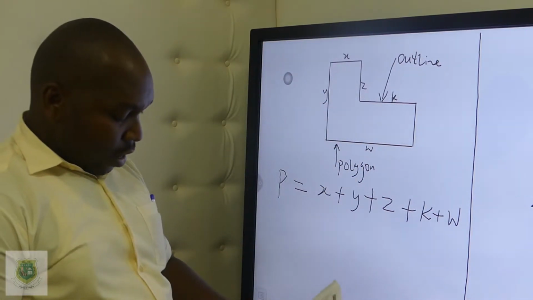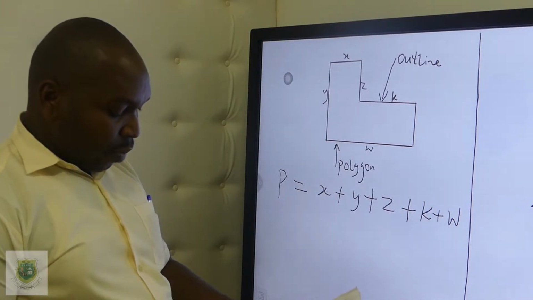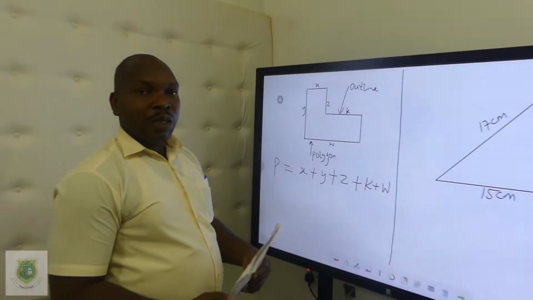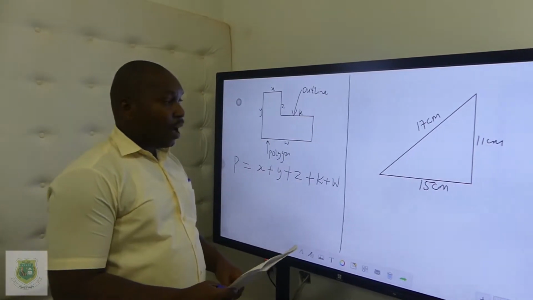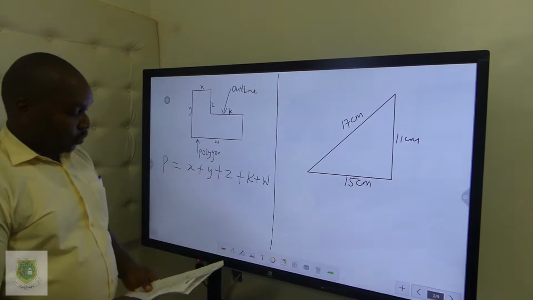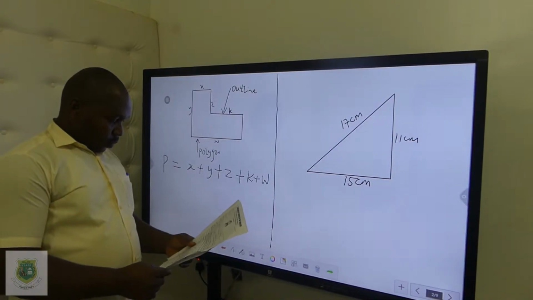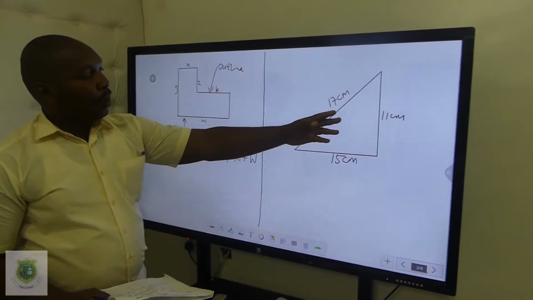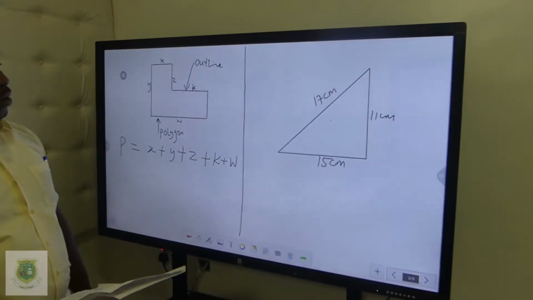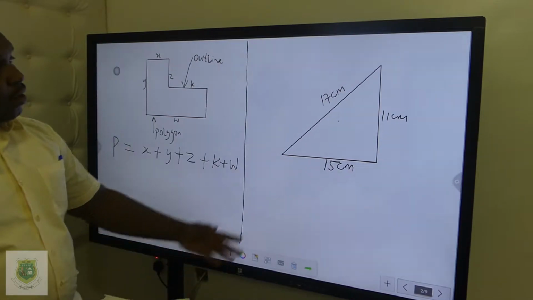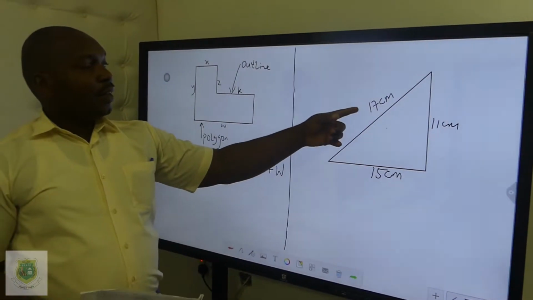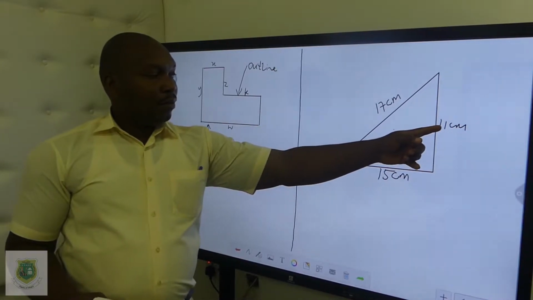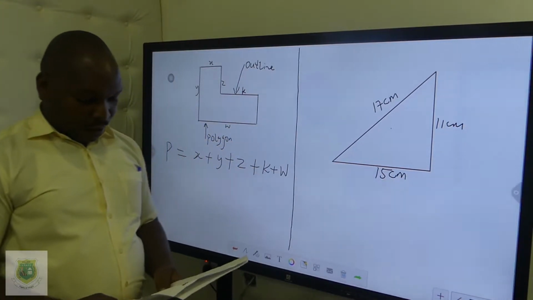Now, let's see how to calculate the perimeter of any polygon. If this is a polygon, that is a triangle, and this triangle has sides 17 centimeter, 15 centimeter, 11 centimeter.